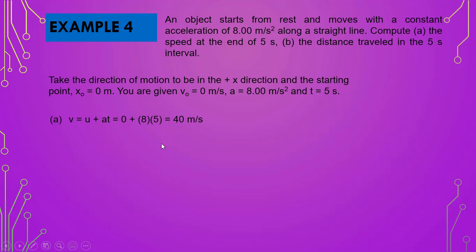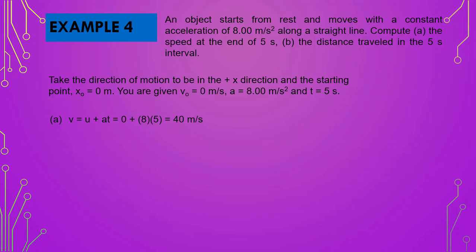From the question, let us identify what information is given. The first one is the direction of motion. Even though the question does not explicitly state the direction, we can safely assume the direction of motion to be in the positive x direction, and the starting point is at position x naught equal to 0 meters.